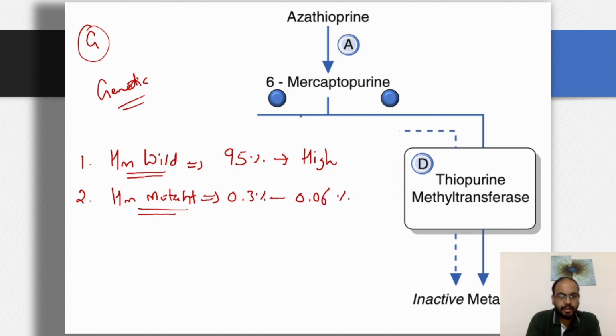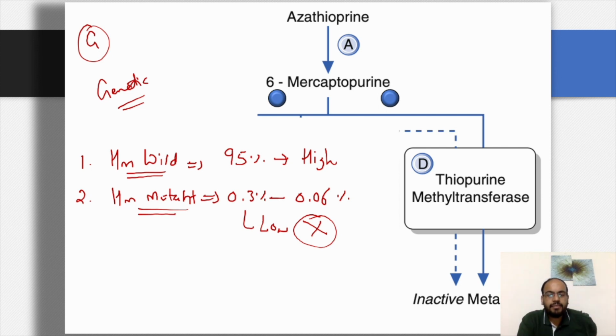This is known as low activity of TPMT, and in this patient, azathioprine is contraindicated. You cannot use azathioprine. If you have to use it, the dose has to be decreased till 1/10 of the normal doses, but it's better not to use it. And it is in very low, less than 1% of general population has this polymorphism.